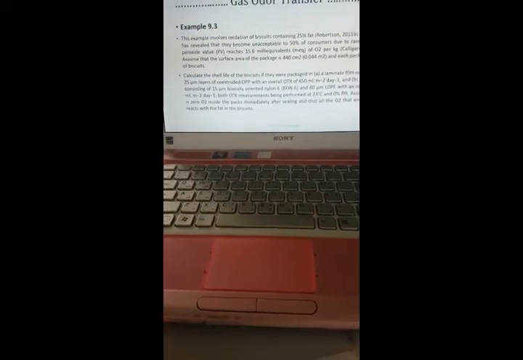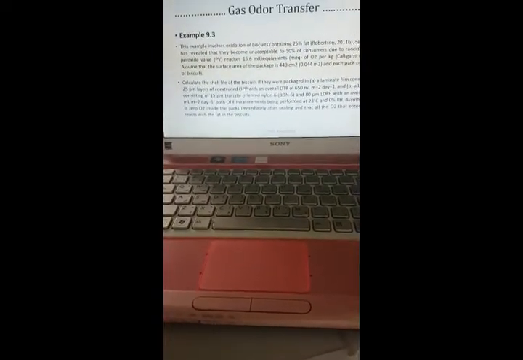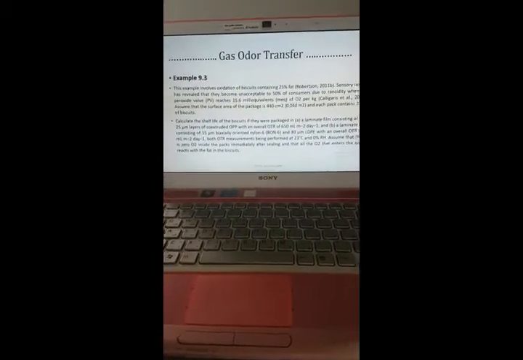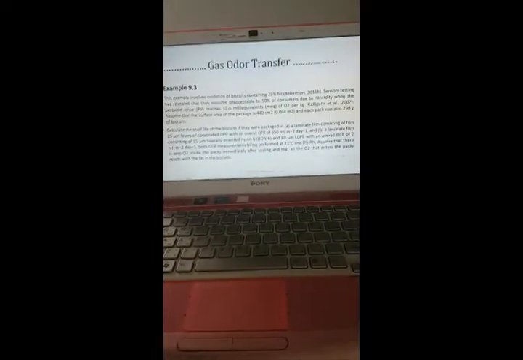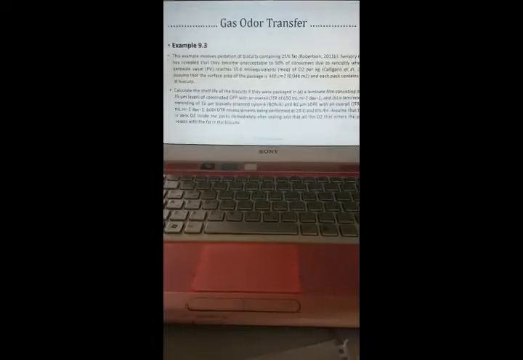Okay. Hello. So now we're gonna start with example 9.3 of the course. The example says that it involves oxidation of biscuits containing 25% fat. I'm gonna write the given as I'm reading the question.